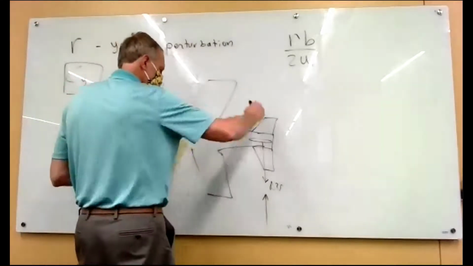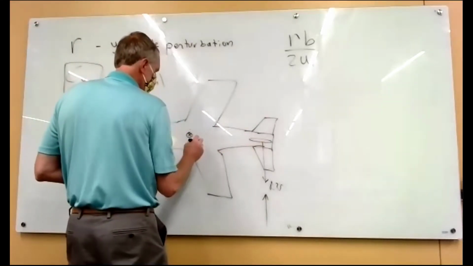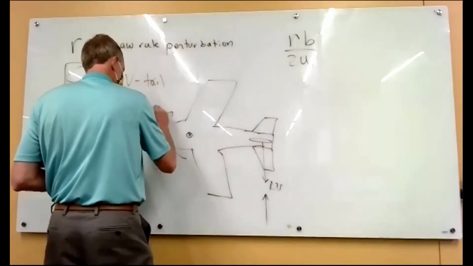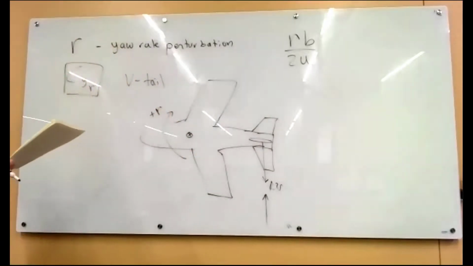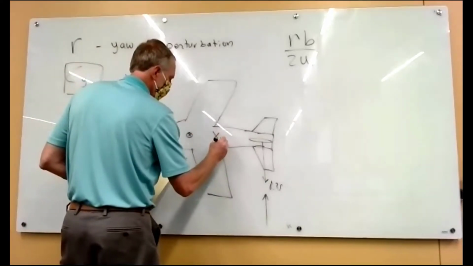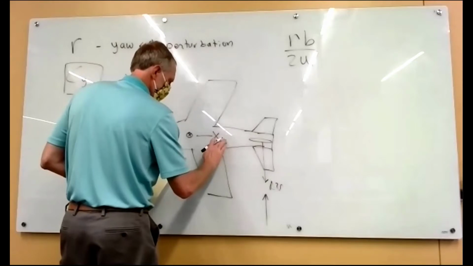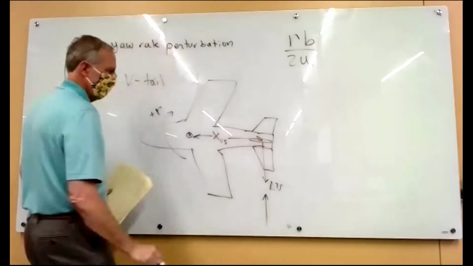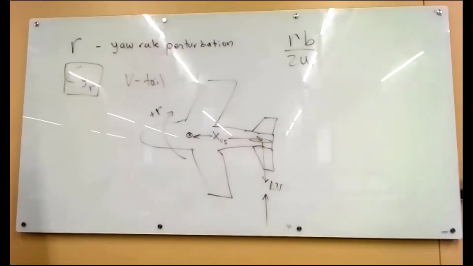And that's created by this circular movement around the CG. Here's positive yaw rate like that. And so the moment arm here, XVS, the further the tail is back, the faster the tail is going to be moving at the same yaw rate.